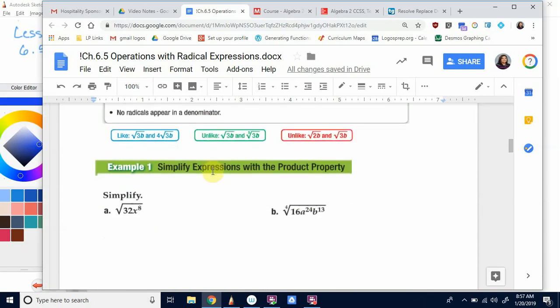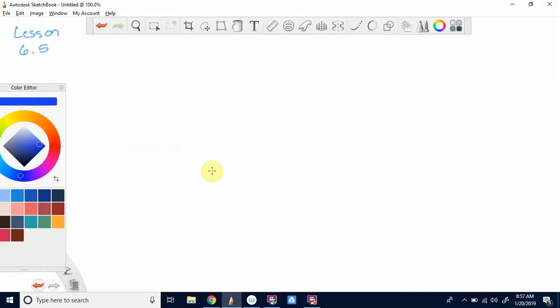The example says simplify the square root of 32x to the 8th. So let's go look at that one. Square root of 32x to the 8th. Well, it might be easier if you simplify the square root of 32 times the square root of x to the 8th.